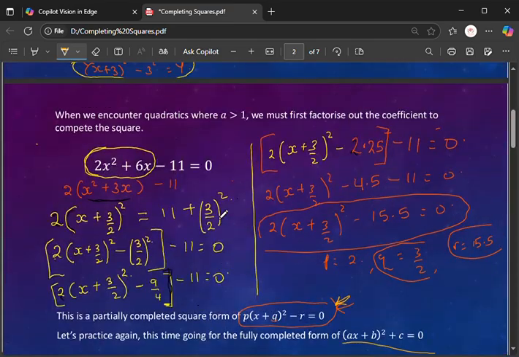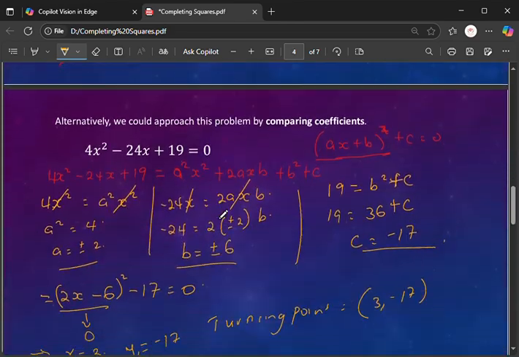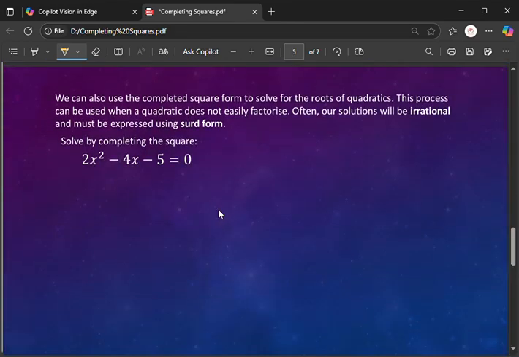Factorize the first part and then you continue to practice. You can watch the video over and over again and then practice. Here they want us to find the value of x, which I believe you can find.